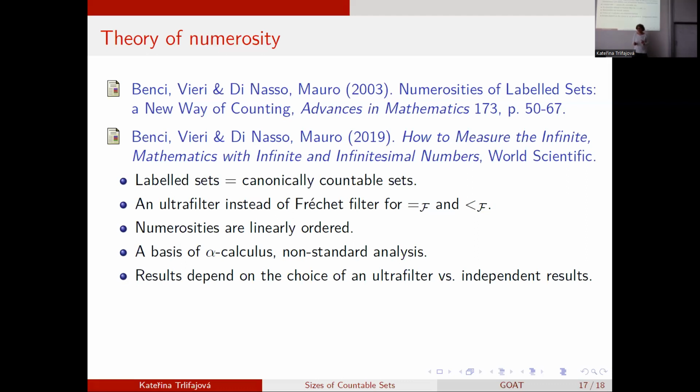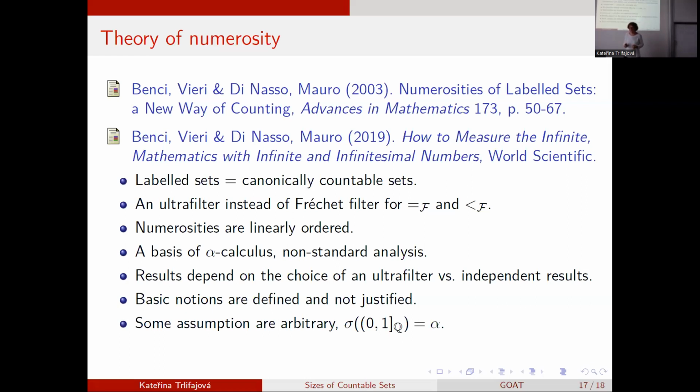Even if they take special ultrafilters, such that, for instance, multiples of k are in that ultrafilter, still many properties are undecided, and we don't know whether they are valid. Some basic notions are only defined, and they don't justify them, while here we justified them.